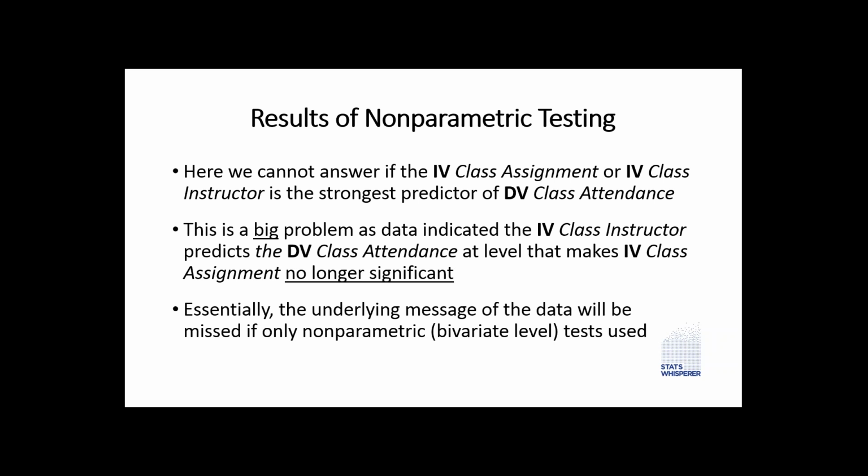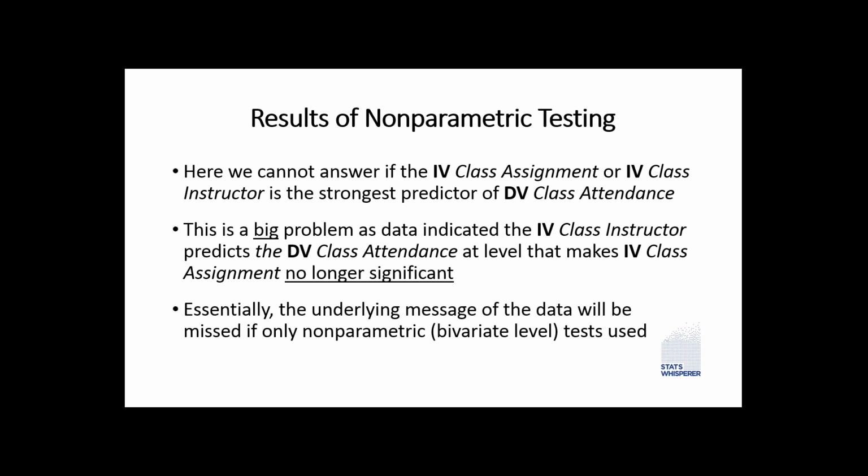Now for us, knowing what we know from our full analysis with the 100 residents, that's a really big problem, because we know in the multiple linear regression model, when both independent variables were entered, class instructor canceled out class assignment.